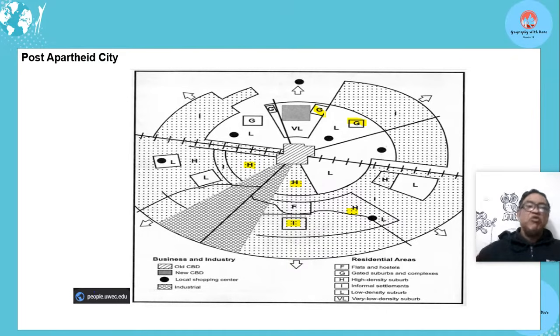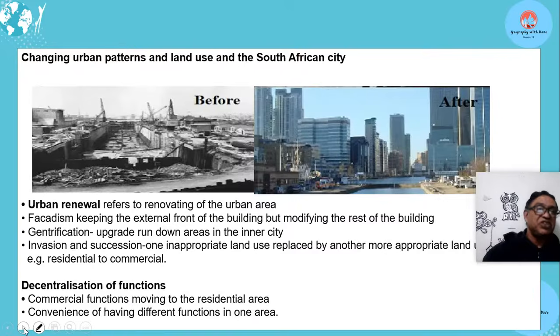But as people are moving into other areas, you find it's based on income. And other challenges come out now with informal settlements, etc. We also find another thing in terms of malls and shopping centers that are popping up. So the change from race to income. Okay, that's your post apartheid cities in general.